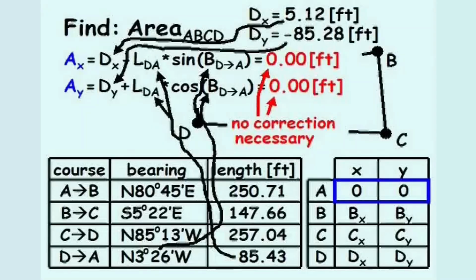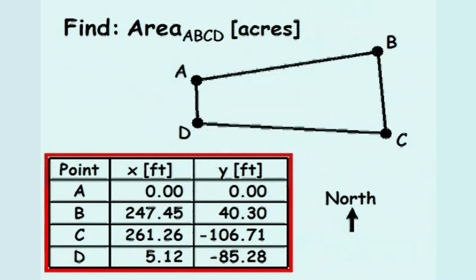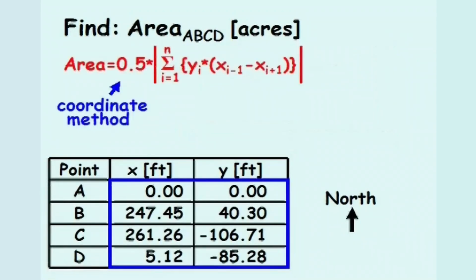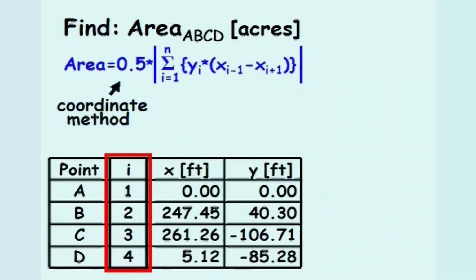Next, we'll set up a table to summarize the x and y coordinate values of points A, B, C, and D. And we recall our equation for the area only involves these x and y coordinate values. Next, we'll add a column to the table for the variable i.